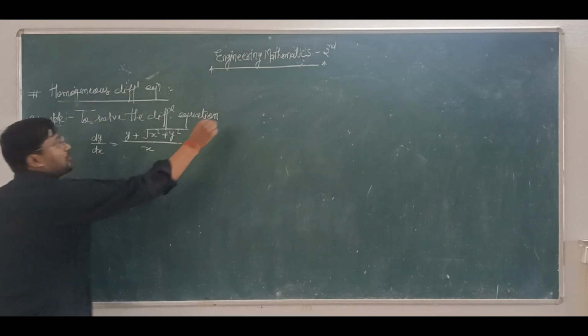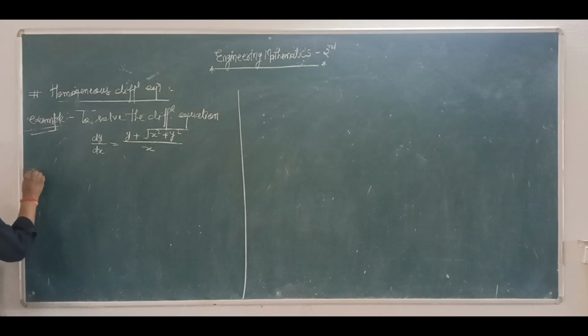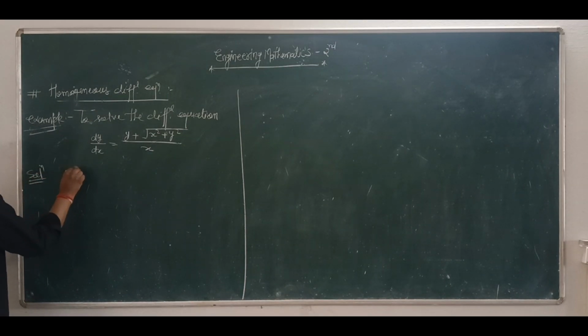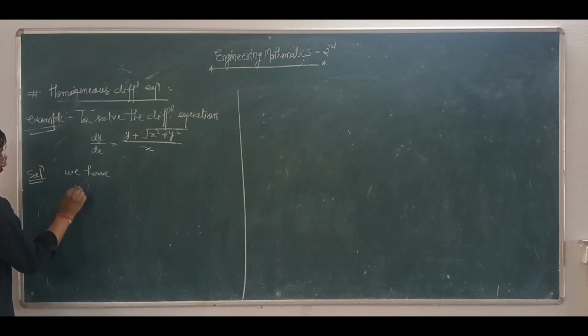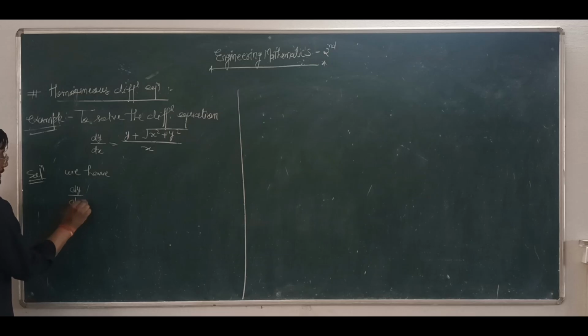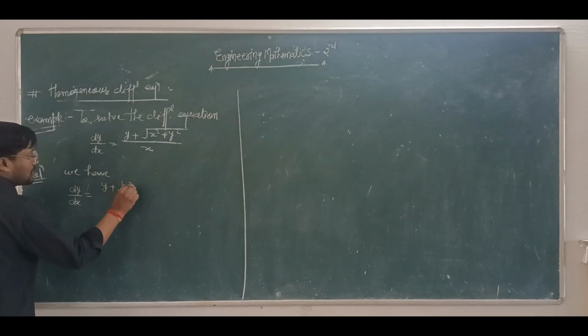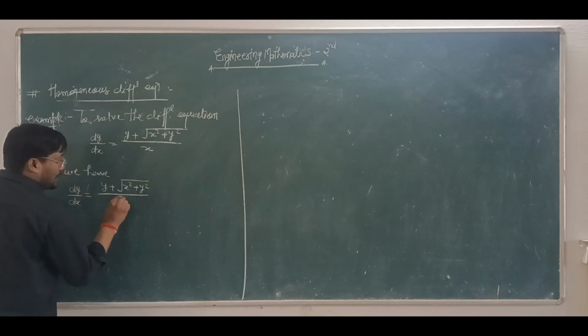This is a differential equation. Now the solution of the differential equation, we have dy by dx is equal to y plus root x square plus y square, total upon x.